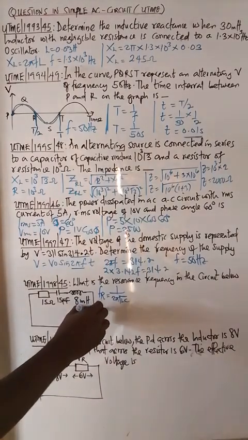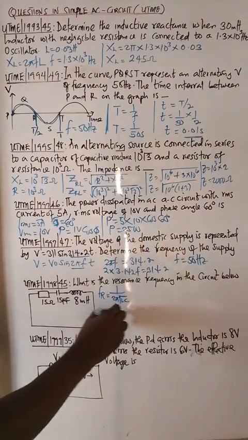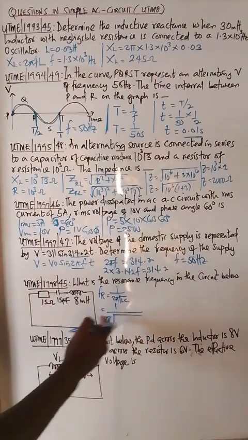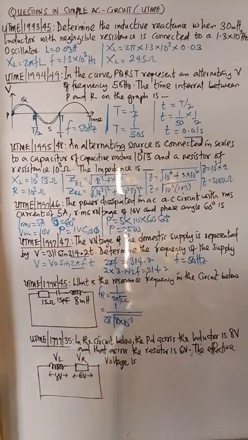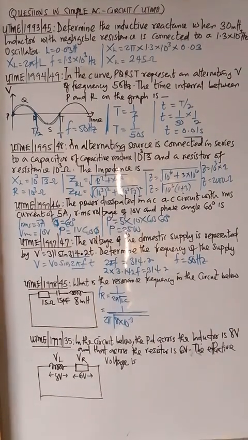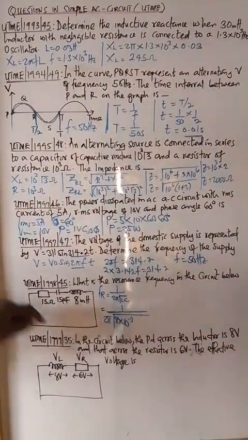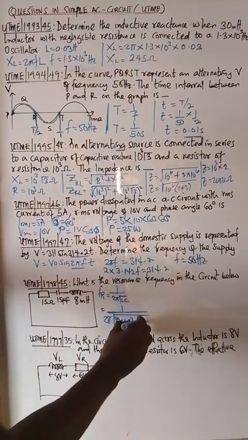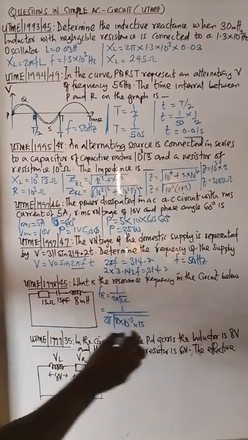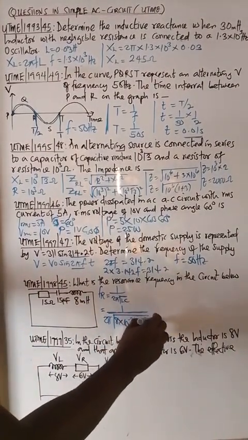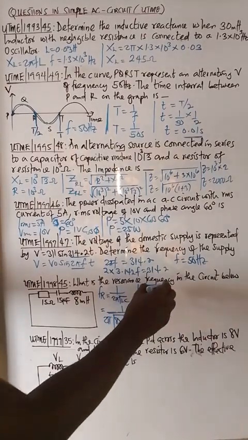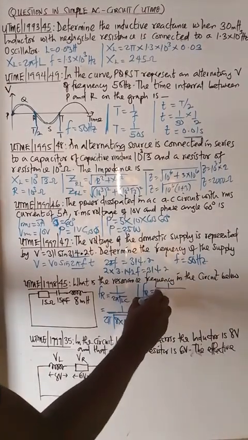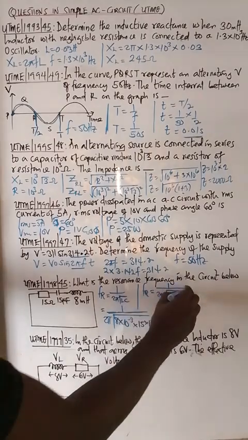So the resonance frequency becomes 1 over 2π root, L is 8 milli, milli is 10 to the minus 3, and C is 15 microfarad. Micro is 10 to the power of what? Minus 6.